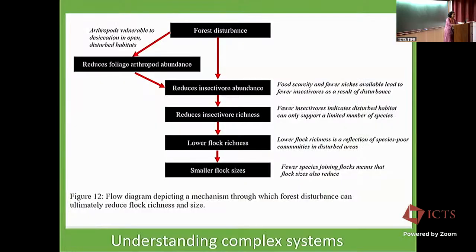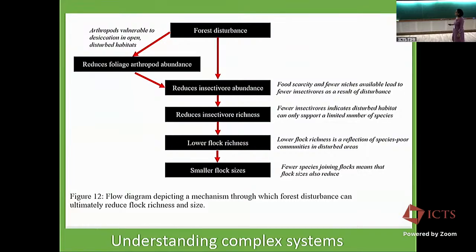And for this system, we drew up a basic hypothesis about why they should change when you have forest degradation. The basic hypothesis was that you have forest disturbance of various kinds, including monocultures. This might reduce the foliage arthropod abundance. Arthropods include insects and spiders.